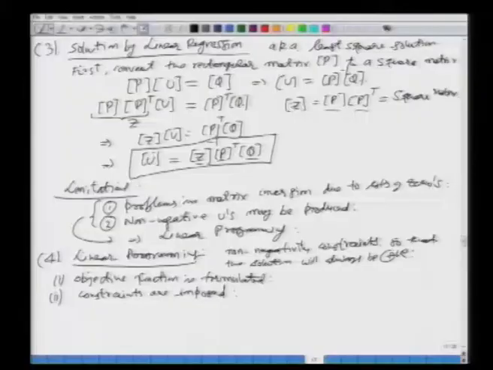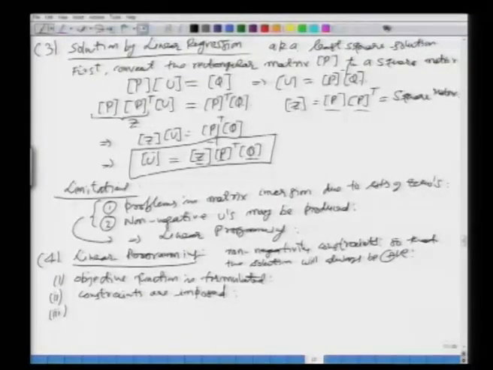So, we will look at the constraints which we will impose in this particular problem. As I said, we will formulate the problem. Basically, the constraints are the ones in which we put limitations on the values of the decision variables, so that they obey those laws or equations. So, that is the constraints.